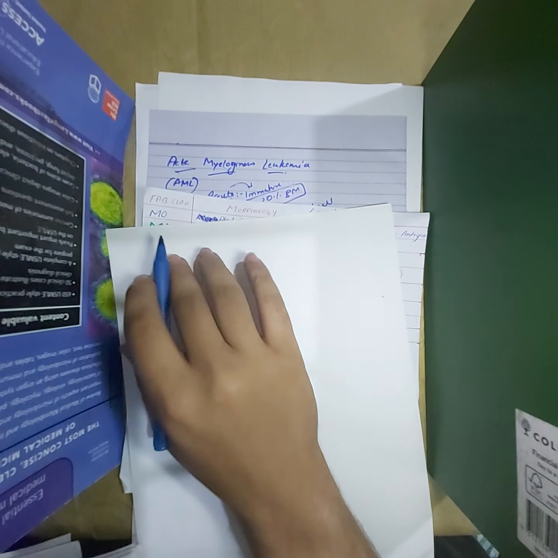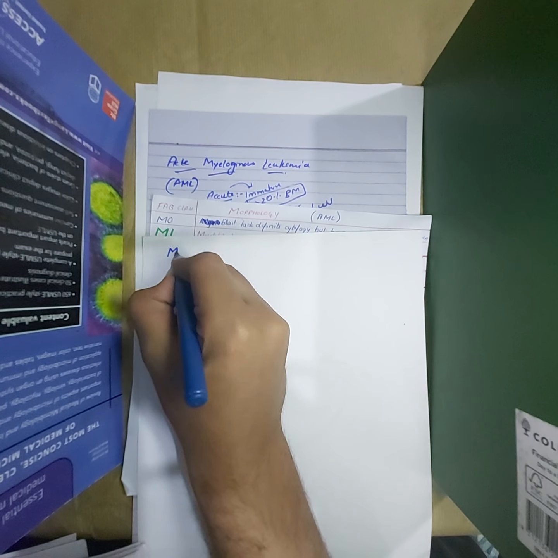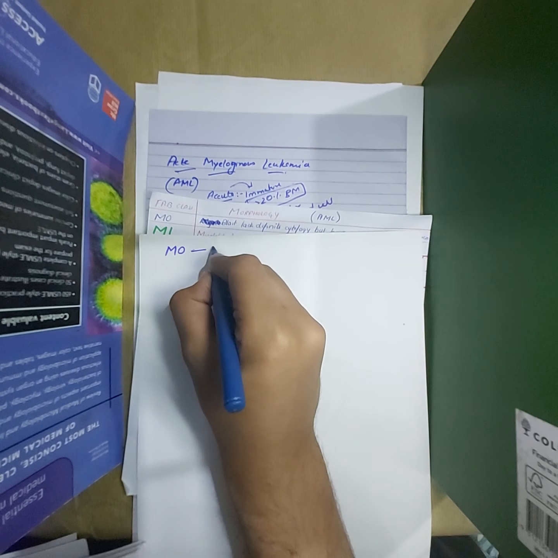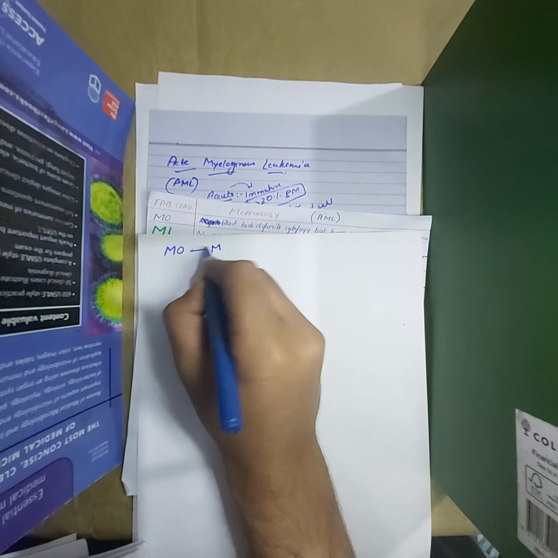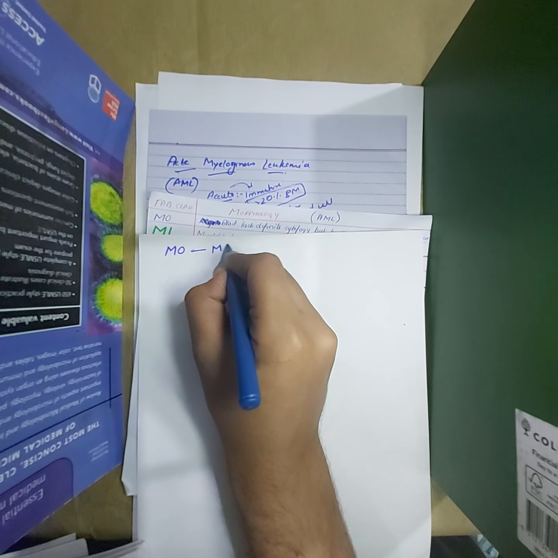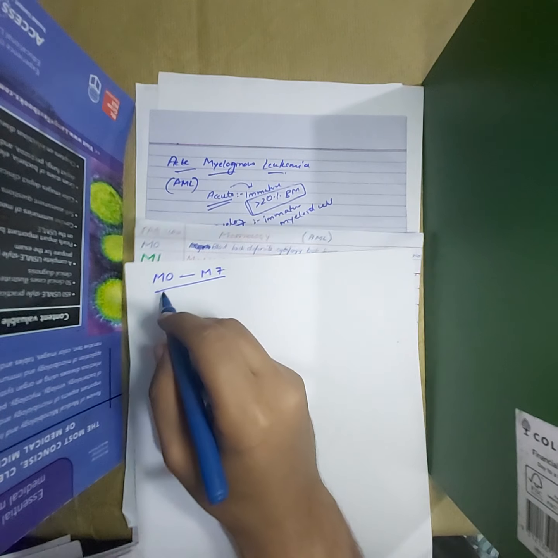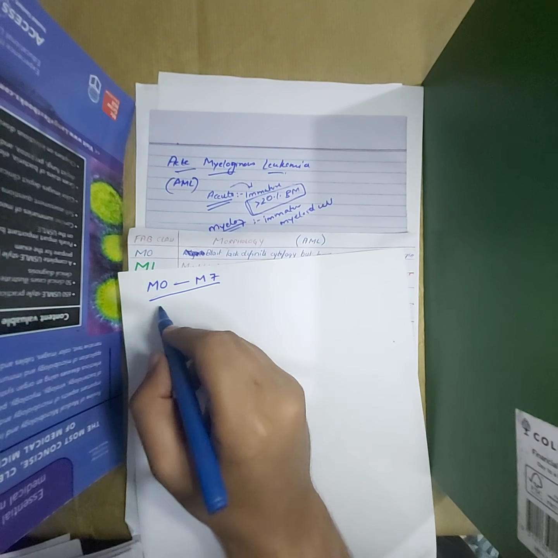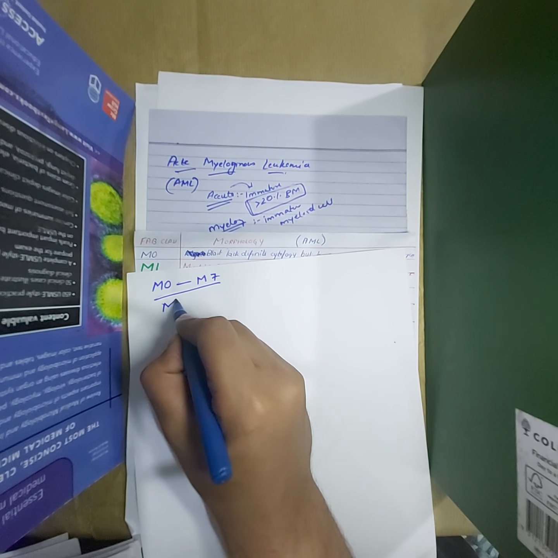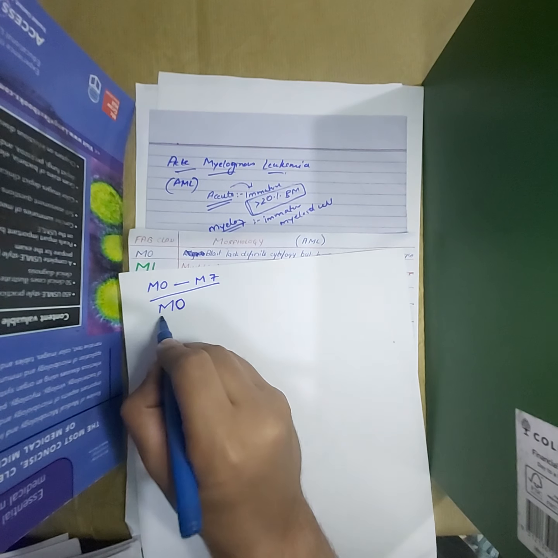We should start with M0. There are 8 stages, M0 to M7, and these stages again have some morphologies.